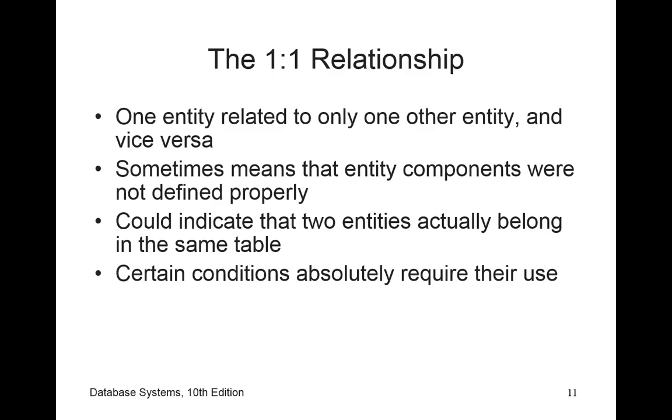This could indicate that two entities actually belong in the same table. A good example of this is we create an entity called last name, first name, and we want to associate an address with that last name, first name. So we create an entity called street, an entity called town, an entity called state, an entity called zip code.